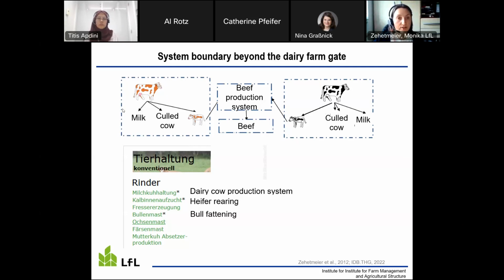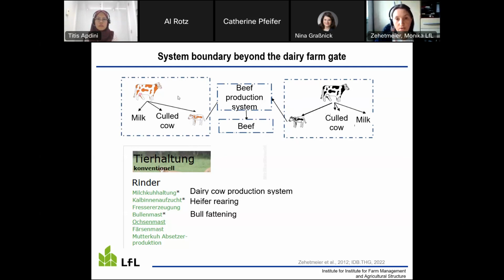The usual approach is that you look at an LCA on the dairy farm gate, and at the dairy farm gate, calves are sold at about 8 weeks and go to beef production systems. But at this stage, the fattening potential of this calf is not yet there.